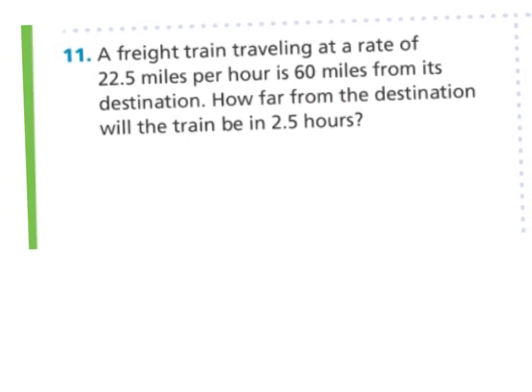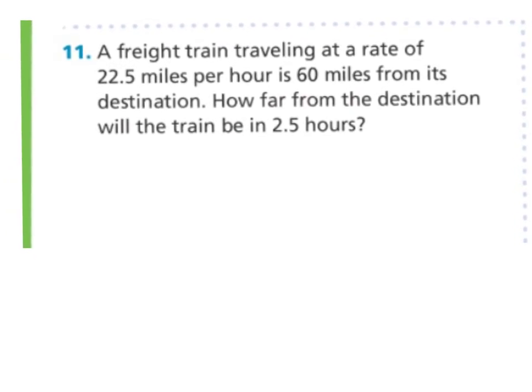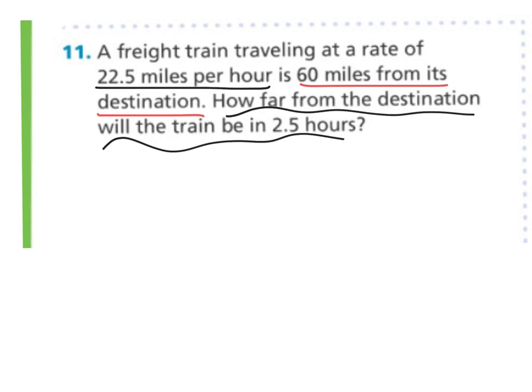Look at number 11. A freight train traveling at a rate of 22.5 miles per hour is 60 miles from its destination. How far from the destination will the train be in 2 5/10 hours? This one, they technically did not say we had to write an expression first, but just for practice, it's probably not a bad idea, just in case, because they could have asked us that.